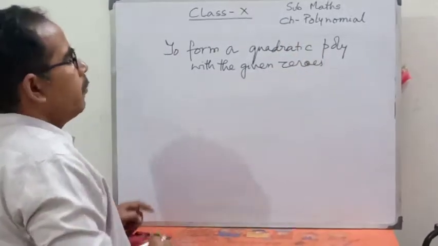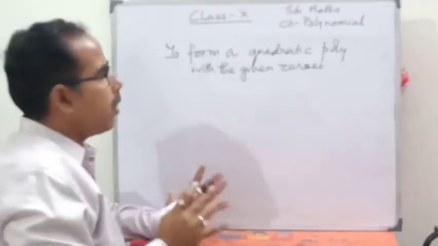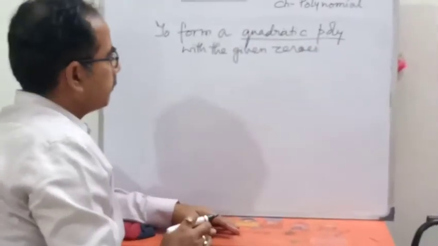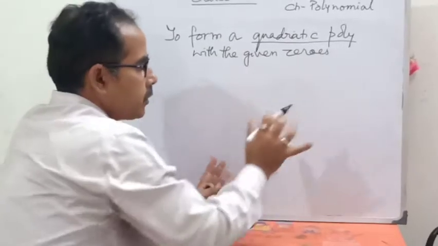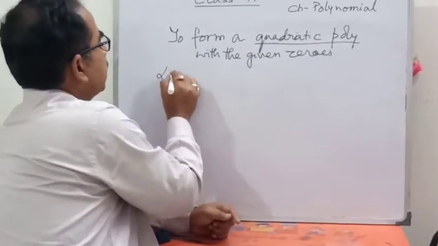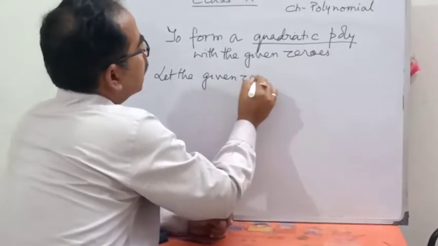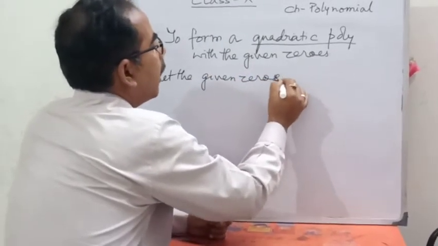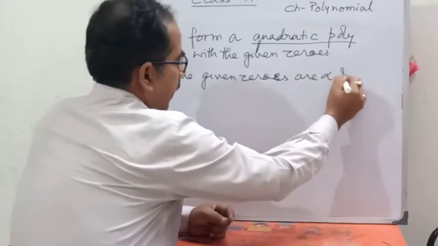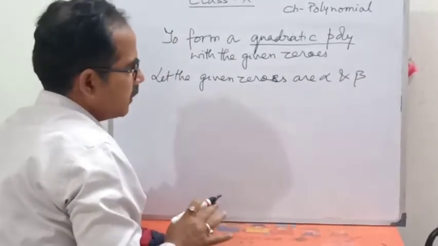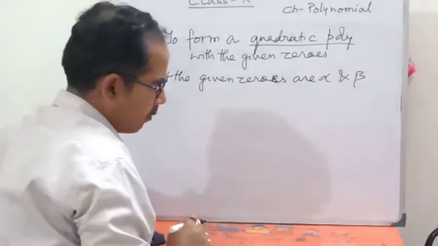Suppose we have to form a quadratic polynomial which is not given, with the given zeros. Zeros are given. That means suppose let the given zeros be alpha and beta. For example, I have taken like that. It can be taken in any way, no problem at all.